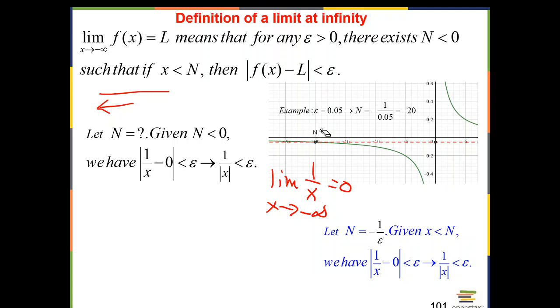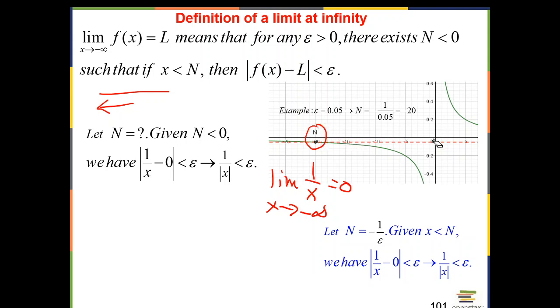let's say you come up with this big negative number n. I have to be able to find an epsilon. For every epsilon you come up with, I have to find an n. I said it the other way around.